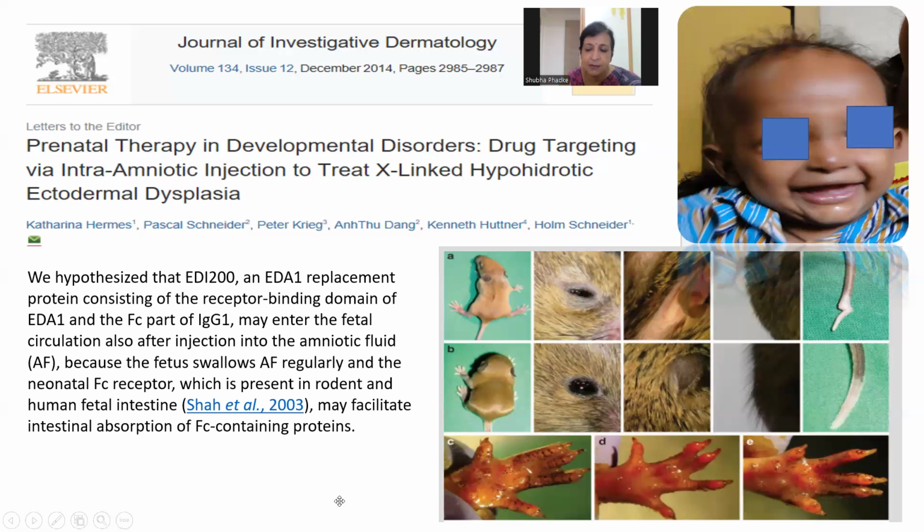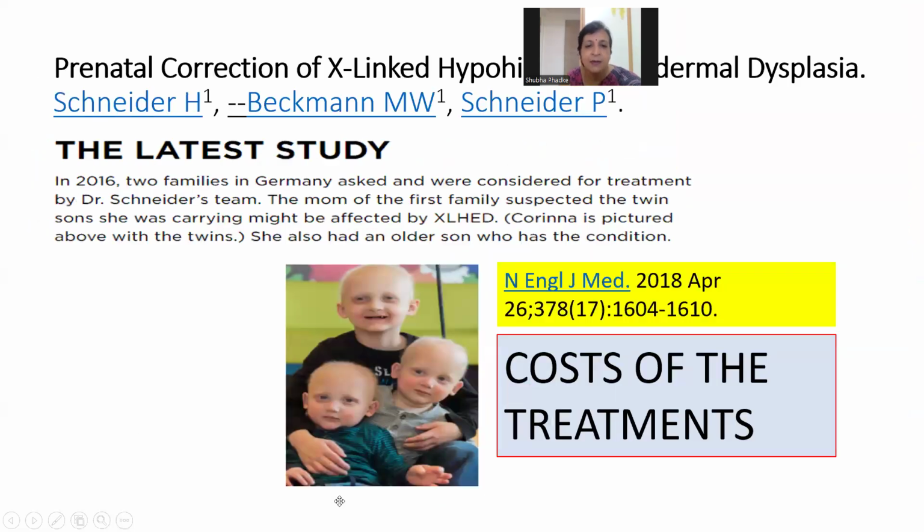The same thing was tried in human beings, and you can see the younger twins, because they were treated by prenatal amniotic infusion of the deficient protein, they do not have the disease manifestations, though they have the causative mutation.